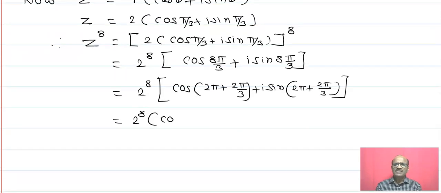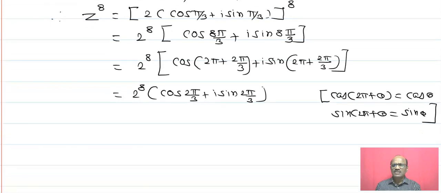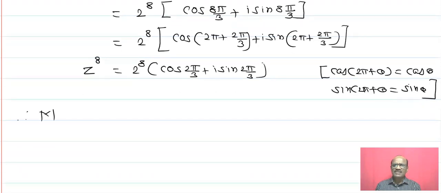Now see this. Whenever there is an angle cos of 2 pi plus theta, the function remains as it is. Therefore I have written there cos of 2 pi by 3 plus i times sin of 2 pi by 3. What is the formula for that? Cos of 2 pi plus theta is equal to cos theta, and sin of 2 pi plus theta is equal to sin theta.